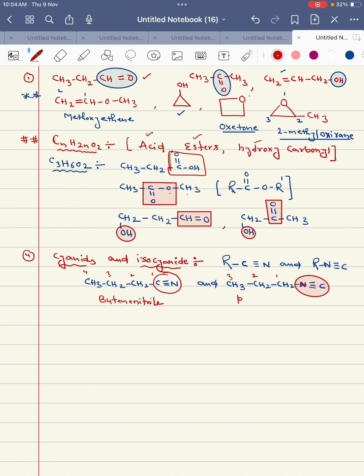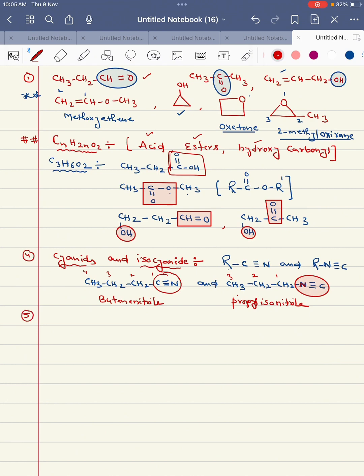So N is attached directly to the hydrocarbon chain. It is called propyl isonitrile.